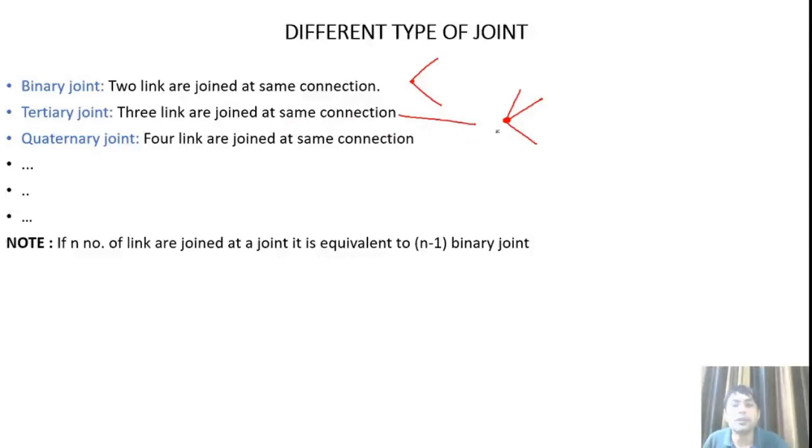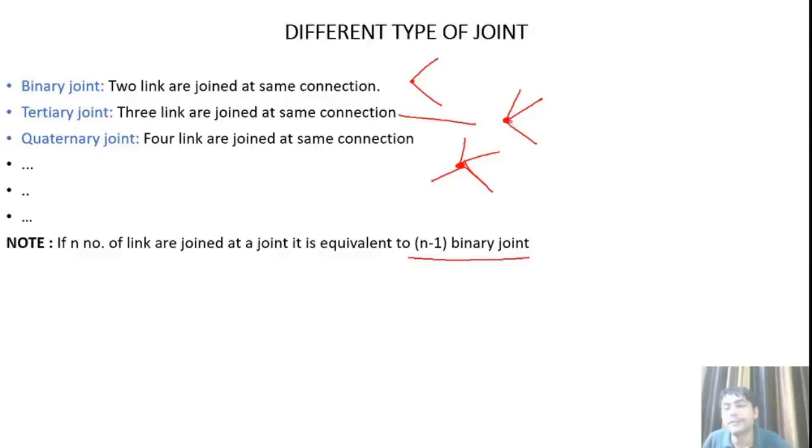If four links are joined, 1, 2, 3, 4, this makes a quaternary joint. Now note, if n number of links are joined at a joint, it is equivalent to n minus 1 binary joints. My dear, look at this tertiary joint.